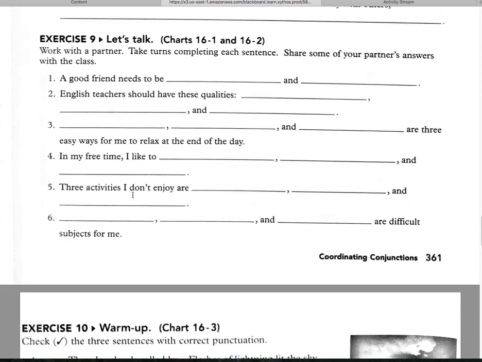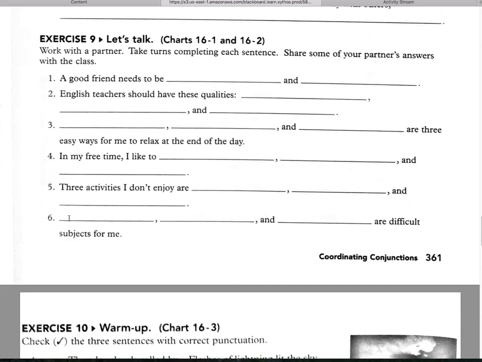For me, 3 activities I don't enjoy are daydreaming, sleeping in class, and running. There you go. 3 activities I don't enjoy are daydreaming, sleeping in class, and running, especially in hot weather.